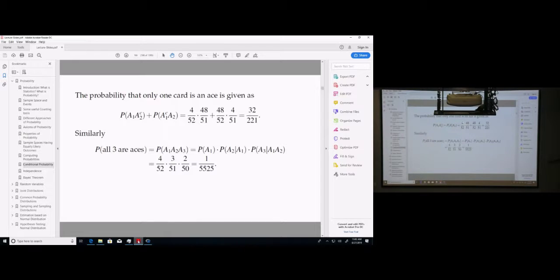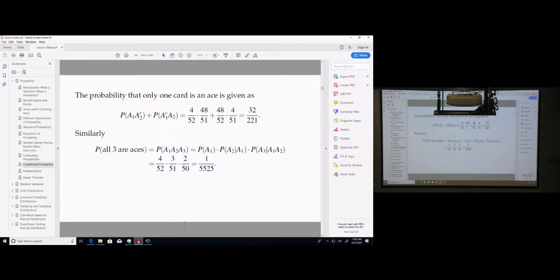I want an ace, so I have to have 4 cards out of 52 in my first draw. Now, after I draw an ace, and I don't want an ace anymore, I have 48 non-aces still left in the remaining deck of cards, and there are only 51 of them, so I would have 48 over 51.